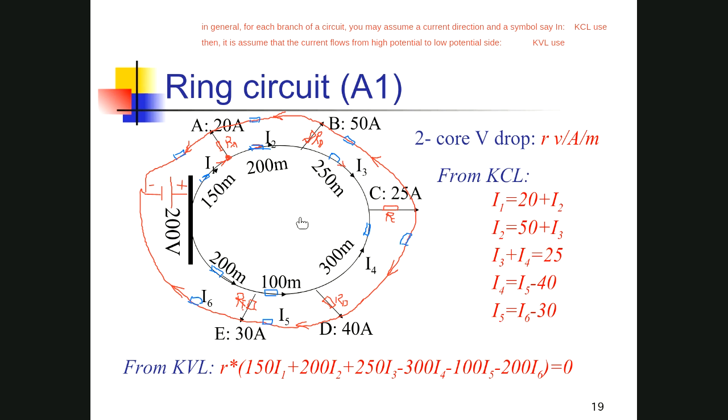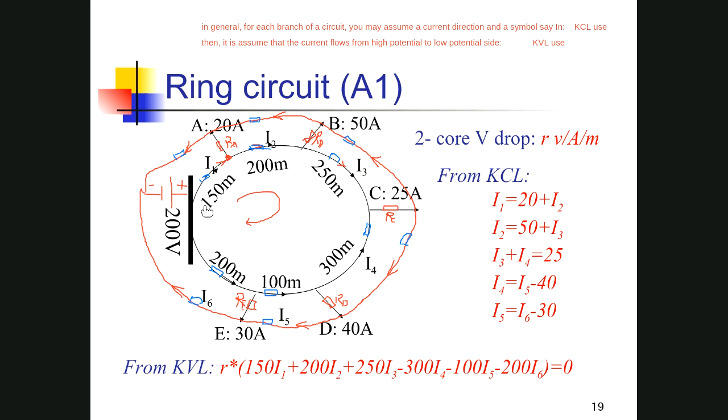Now we can choose one loop, not including the load. We choose the inner loop. Because we use the same cables with the same cores, the resistance per meter is the same.